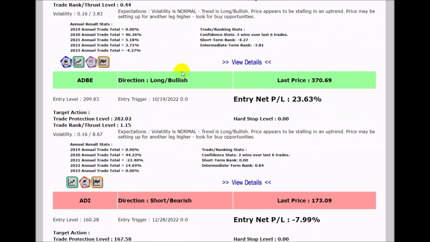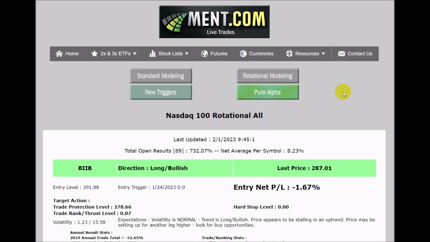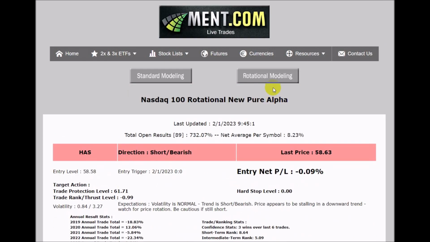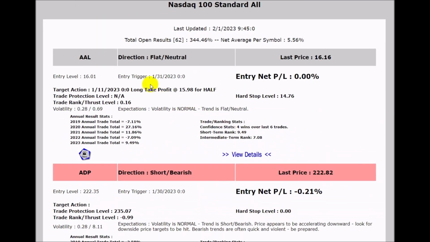But again, what we're looking for is to catch some decent trades, and what you want to focus on when learning to do this is pure alpha and rotational. Once you've learned those and you scan those, then go back to the new triggers, which are the newest standard modeling system, or just click on standard modeling, and generally the newest triggers are up near the top.